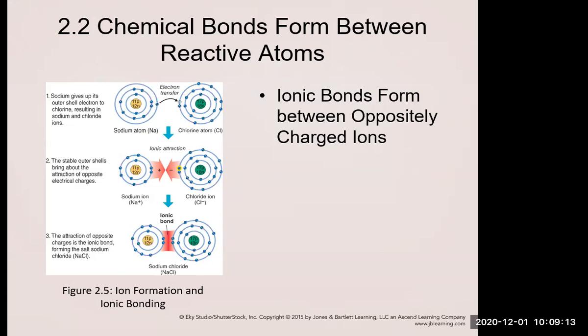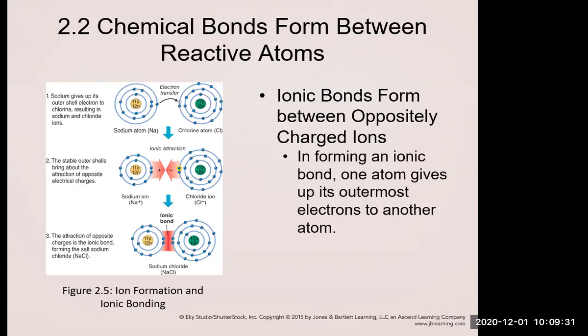The atom that receives an electron picks up more of a negative charge. So now we have an attraction between positive and negative, just like two magnets. And so you can see here in this red band, that shows the electrostatic attraction between the positive and the negative atoms. And again, keep in mind this happens in the outermost shell of electrons.